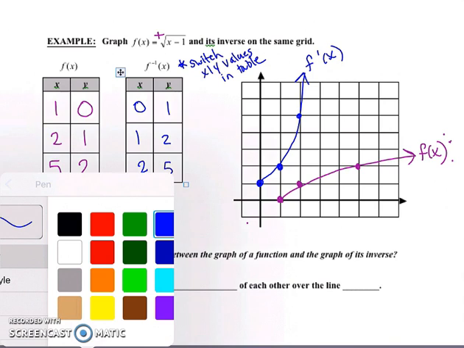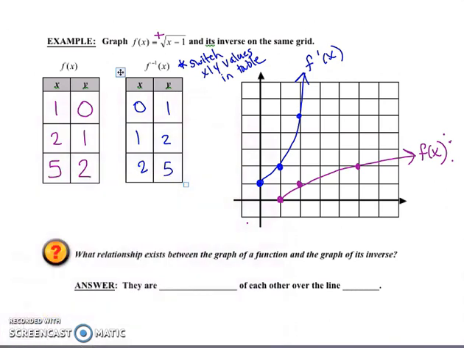So if I were to draw in that invisible diagonal line, that's this line right here. That's the mirror between my two functions. So the answer to this question is that they are reflections of each other.